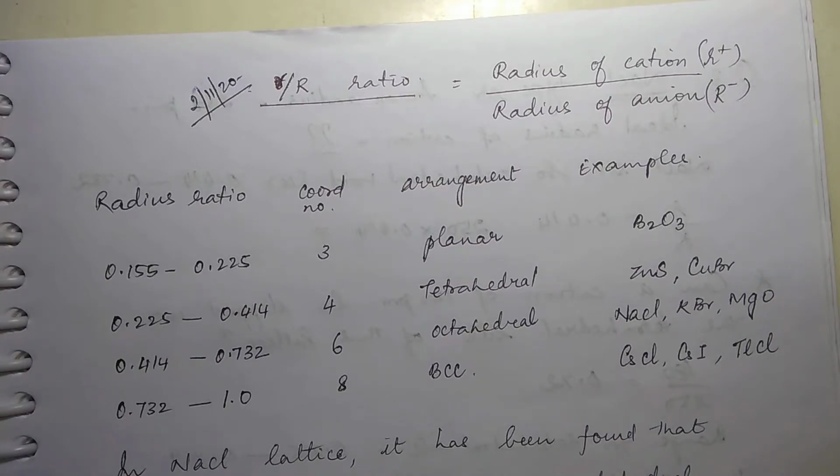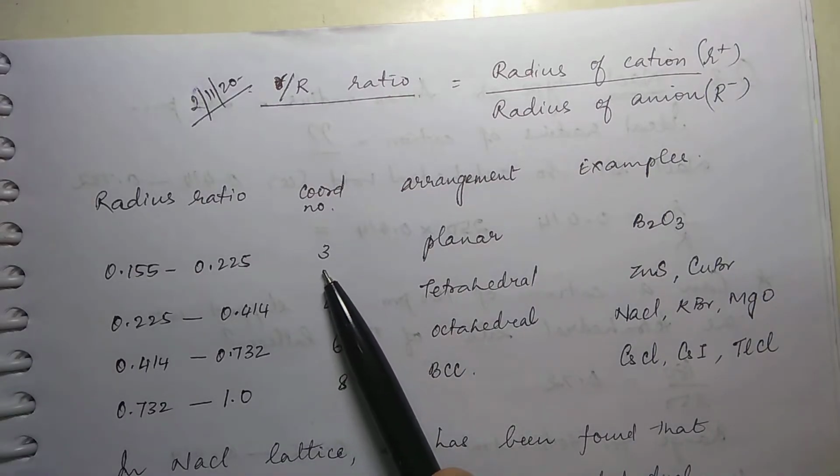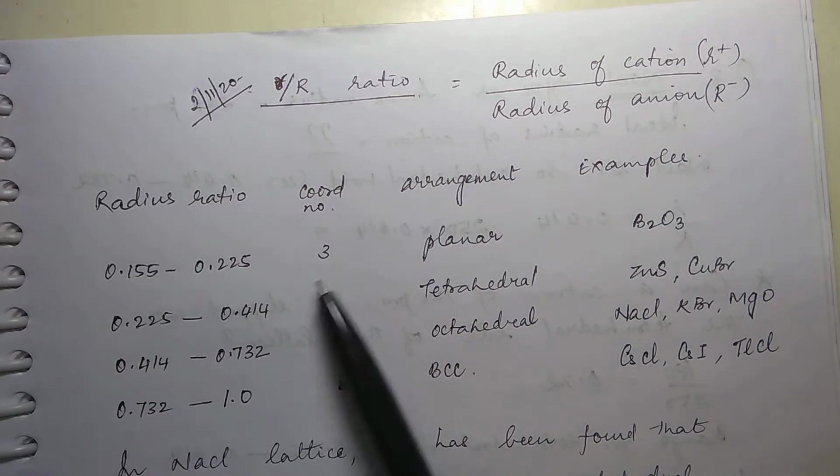Generally, you know very well that cations have smaller radius than the neutral atom, and anions have larger radius than the neutral atom. So, anion is represented by capital R and cation is represented as small r. So you write it as r plus upon R minus. Now how is this radius ratio going to help us? If you know the radius ratio range, then it can give you an idea about the coordination number, that is, the number of atoms surrounding a particular one.